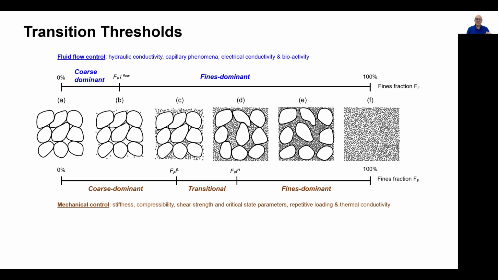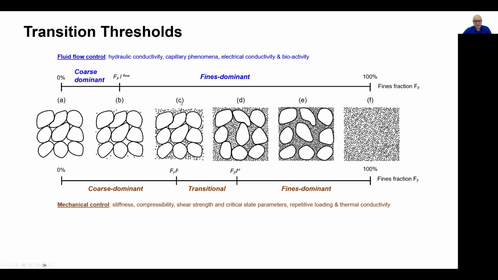So the first one is to recognize the mass fraction when behavior changes. As you can see on the left-hand side, you have a clean gravel or sand with fines. Let's say that this is the clean gravel, and now there are a few sand grains and more and more, and we have to wonder, when does the behavior change from being gravel controlled to being sand controlled?